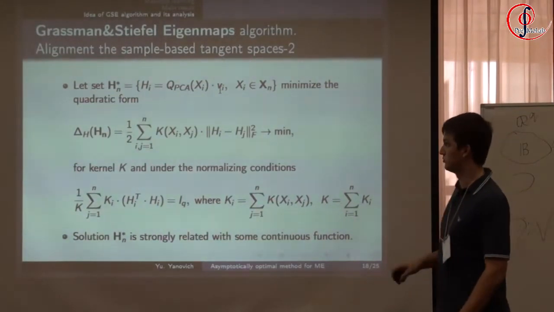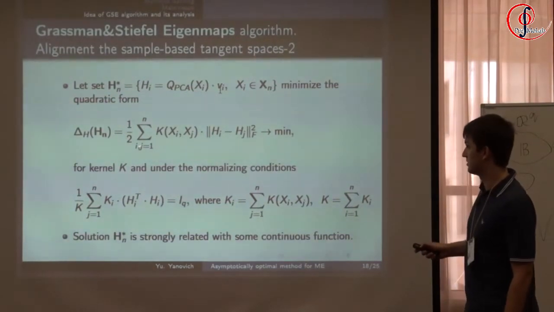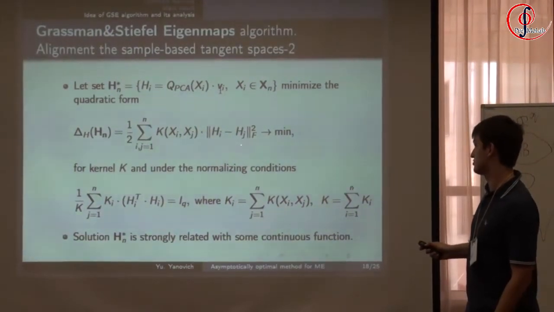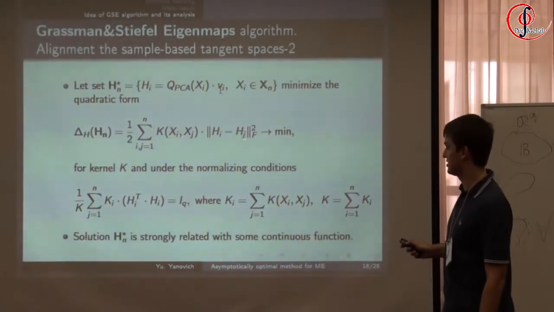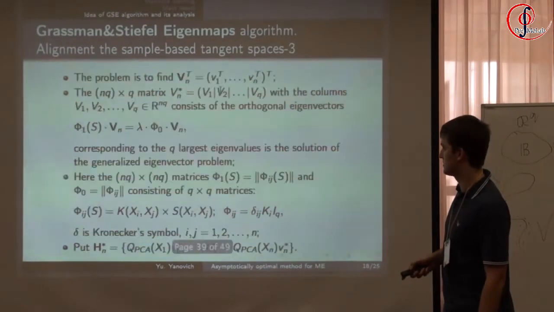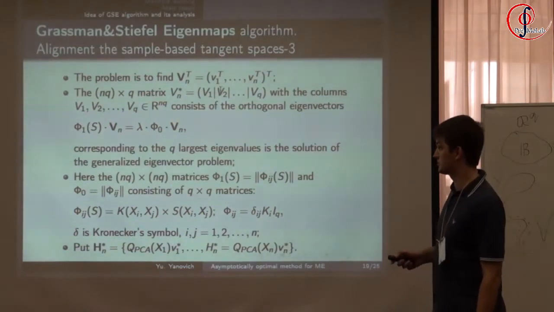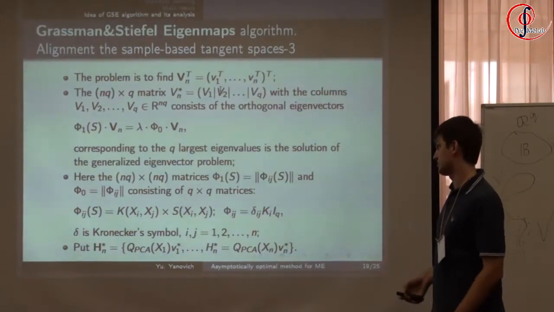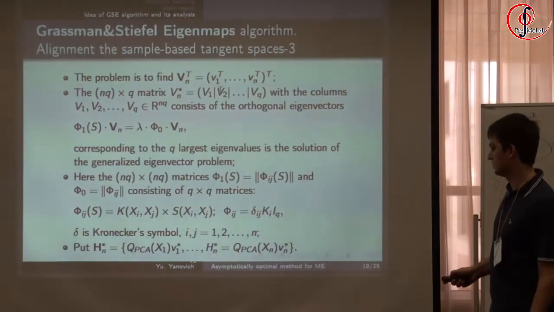Numerically it can be formulated as such an optimization problem: to find this set, minimizing the following function, which represents the nearness of our matrices. And this optimization problem is equivalent to a generalized eigenvector problem, and by solving this problem, one may have a numerical solution of it.